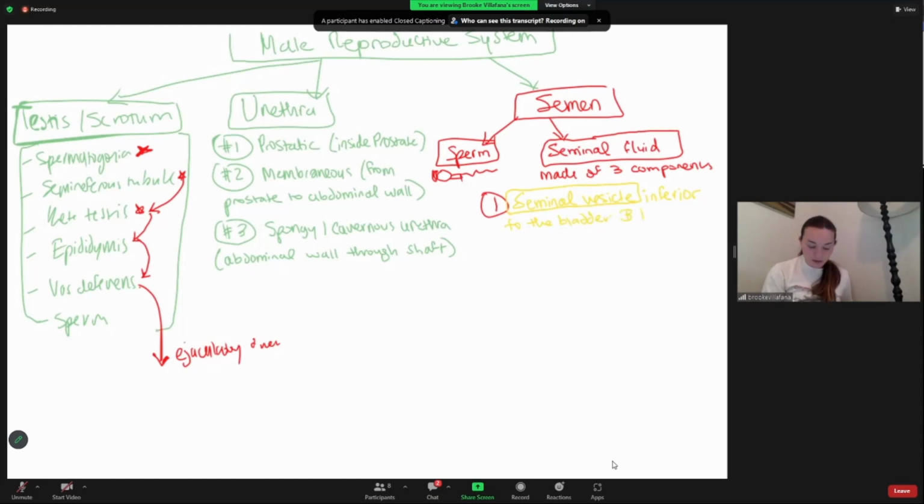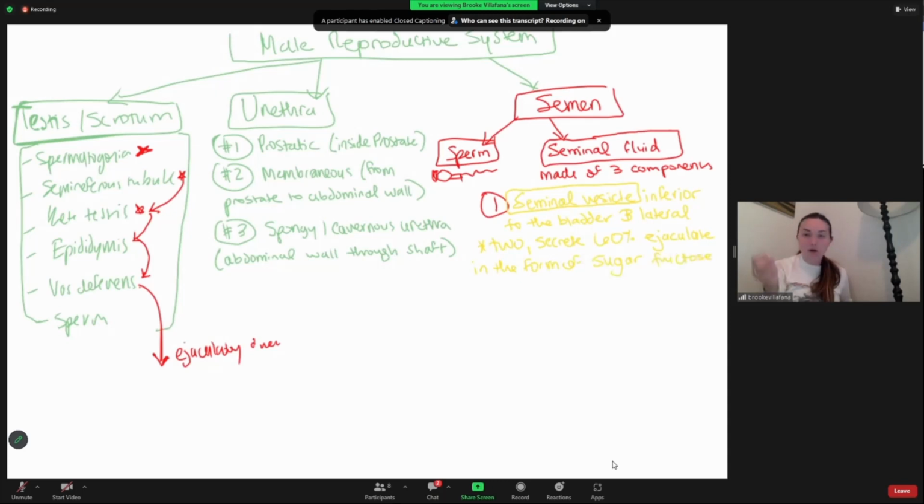Lateral and inferior to the bladder. There are 2 seminal vesicles, and they secrete 60% of ejaculate. That would be a percentage you want to know for the test. And it is in the form of the sugar fructose, right?